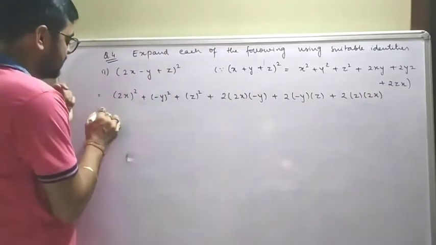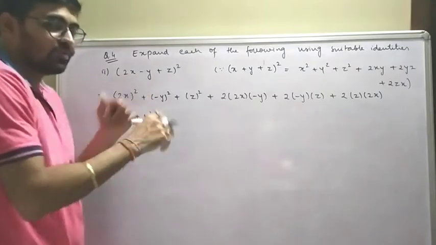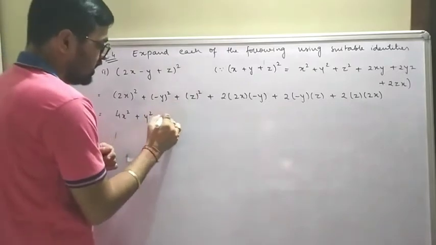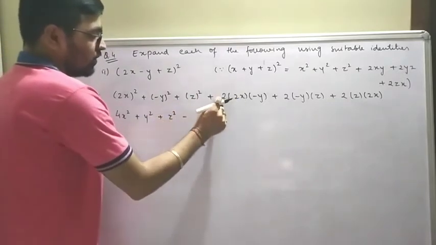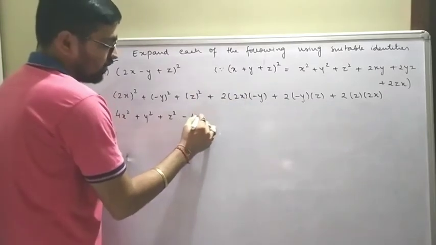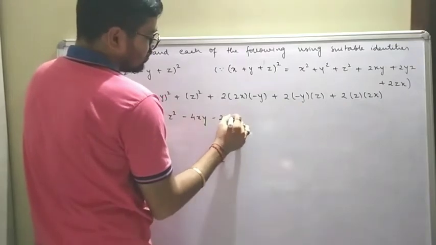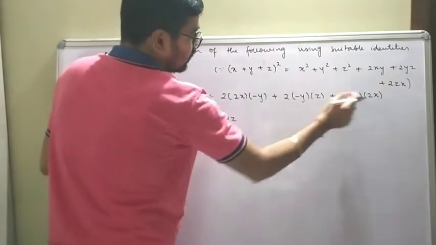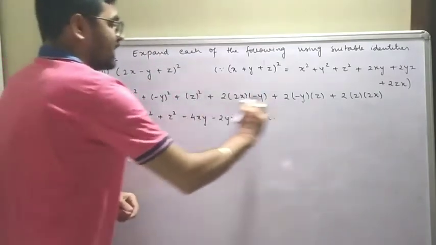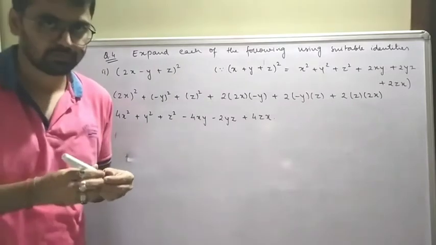Now simplify this. 2x square means 4x square, minus y square will become positive, so it will be y square only, plus z square. Now 2 into 2, 4, 4 into minus 1, minus 4xy, 2 into minus 1, minus 2yz, 2 into 2, 4zx. This is the expansion of this particular given question.